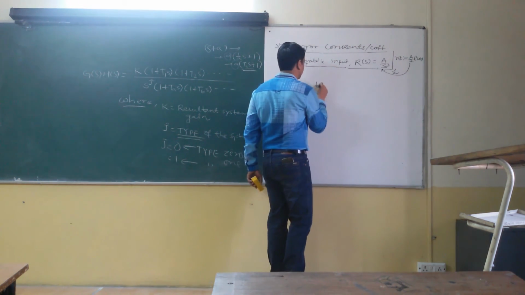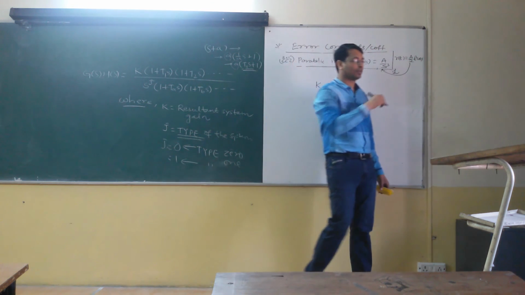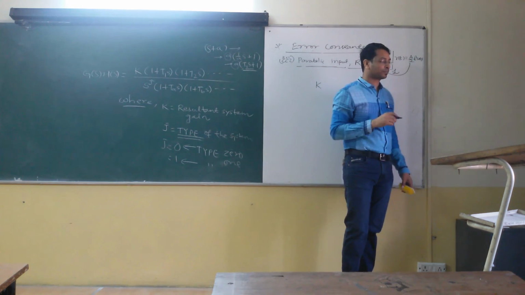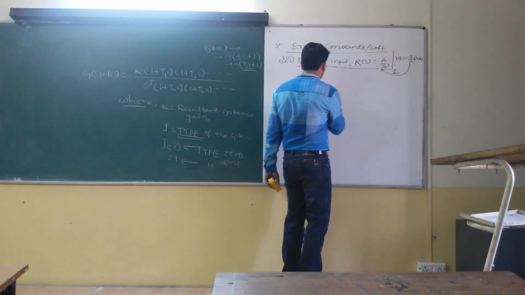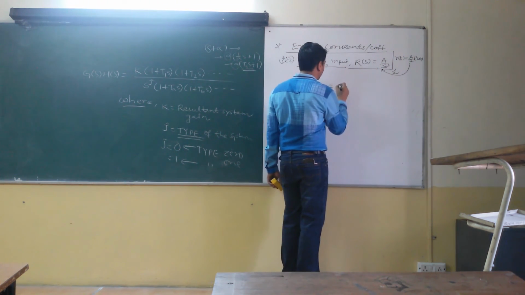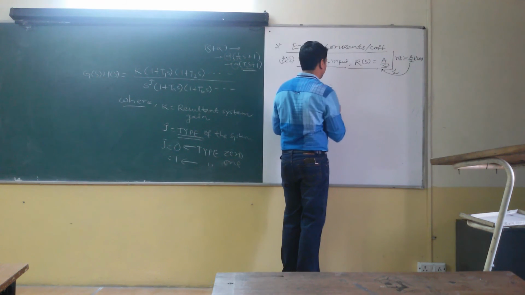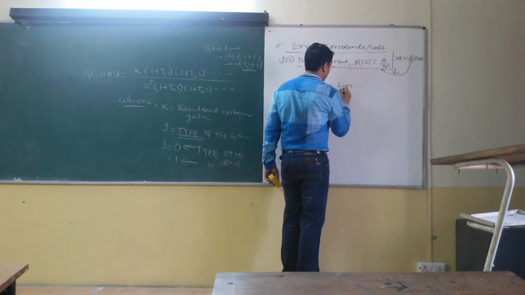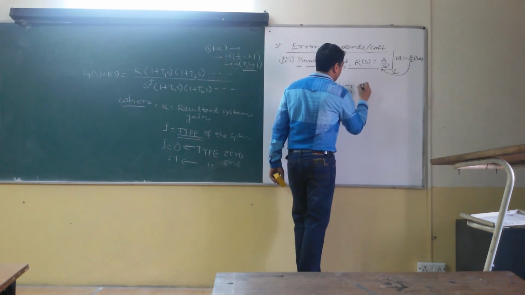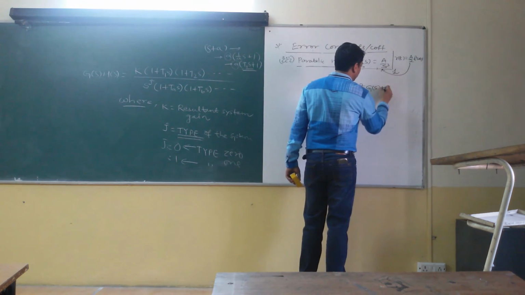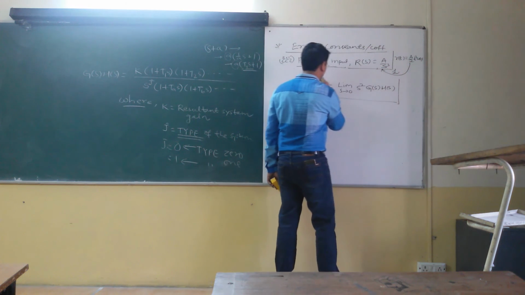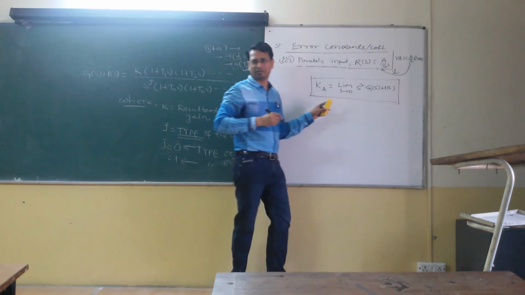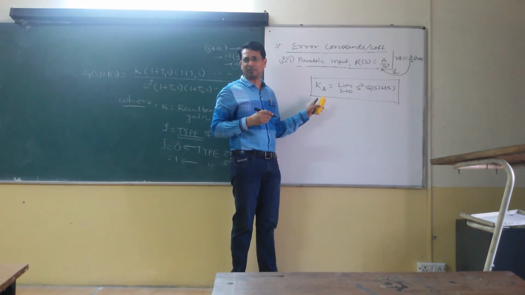So accordingly, if you perform the similar task, what you will get? You will get Ka. Ka will be what? Acceleration error constant, that will be equal to limit s tends to 0, s square G(s)H(s). I am directly writing this equation. I don't think there should be any requirement of derivation of this.